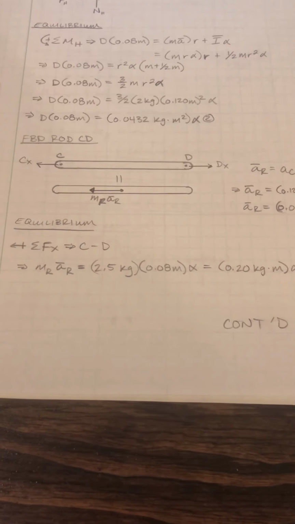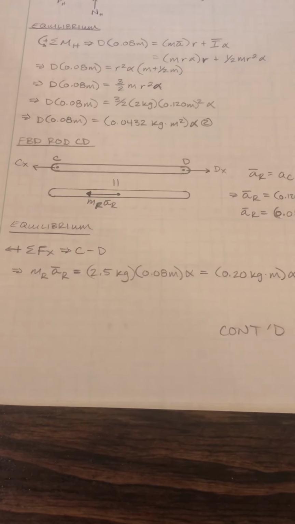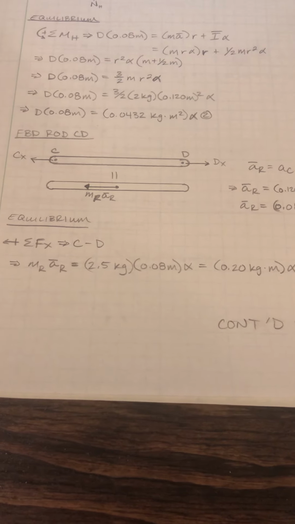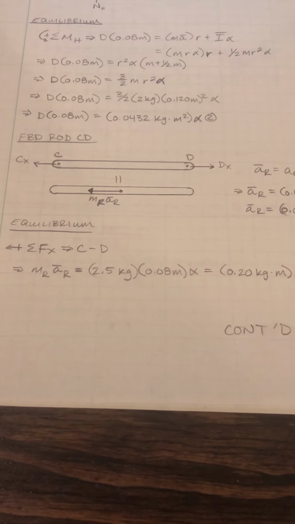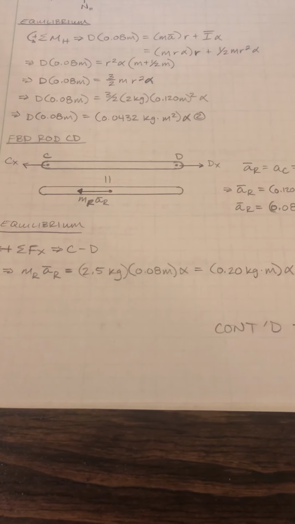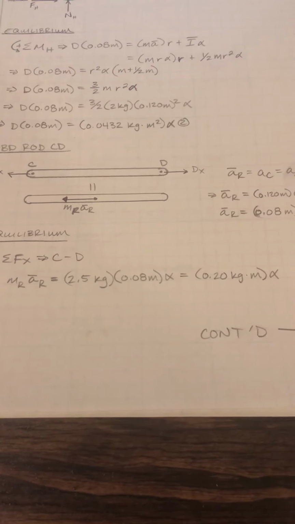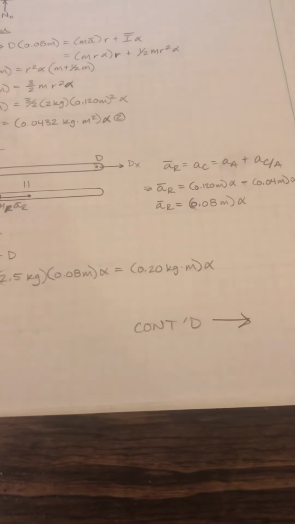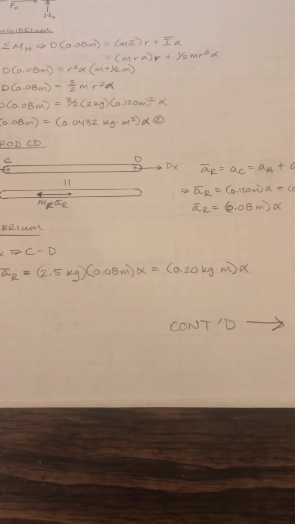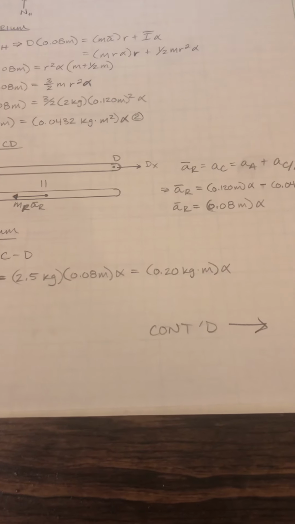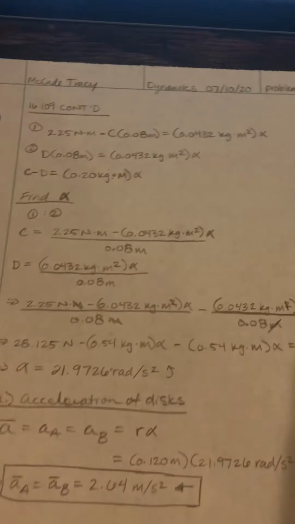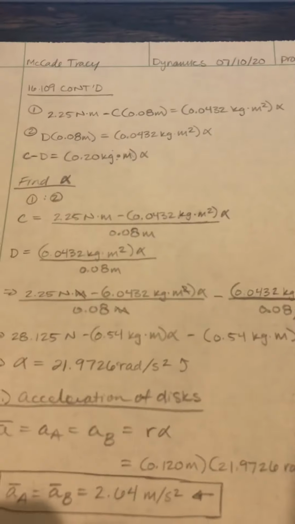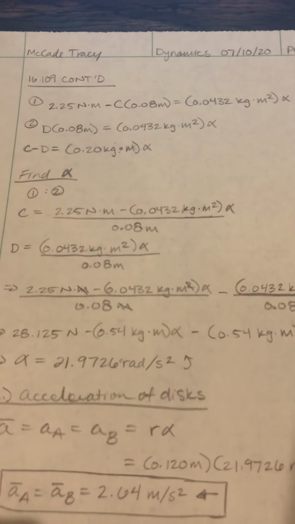Using equilibrium, we have C minus D. The mass times acceleration of the rod is equal to 2.5 kilograms times 0.08 meters times alpha. So C minus D is equal to 0.20 kilograms per meter times alpha. Continuing on, we transfer over these three equations.